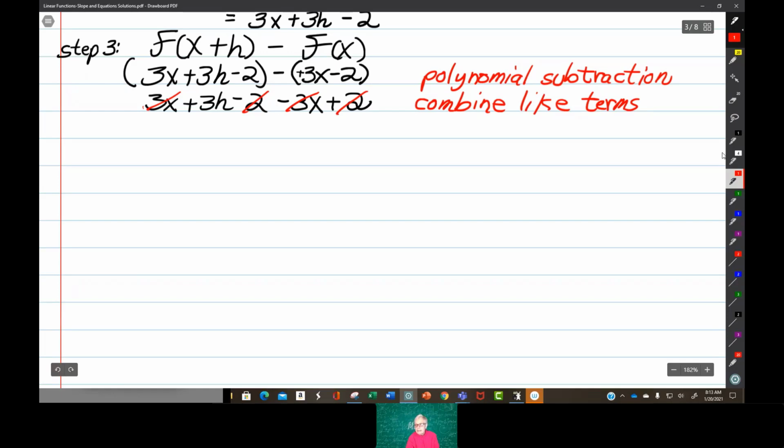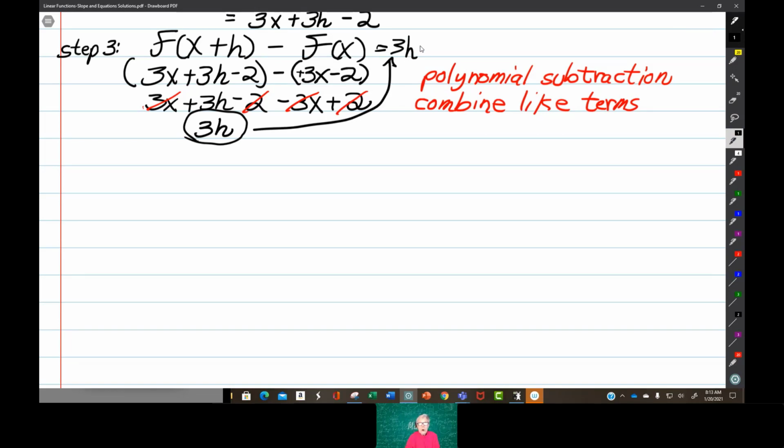Okay, and what does that give us? Well, everything's gone. The 3x's are gone, the 2's are gone. I'm left with 3h. Cool. This is what f of x plus h minus f of x we now know equals 3h.